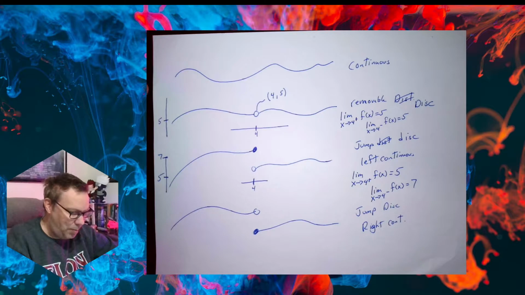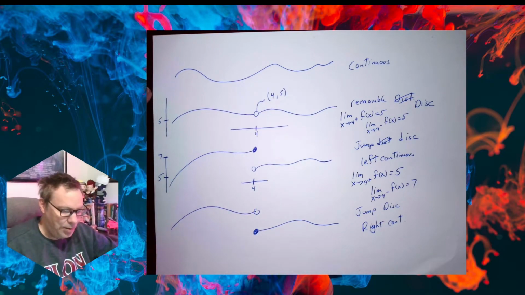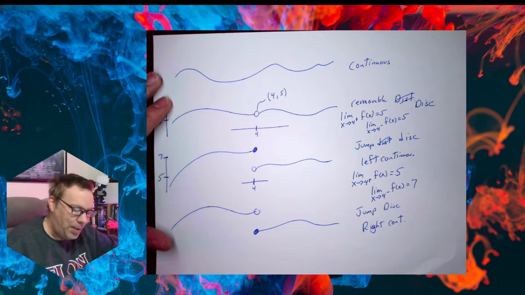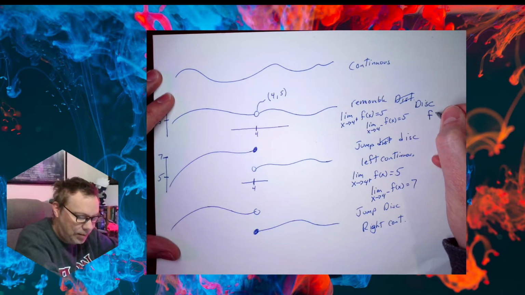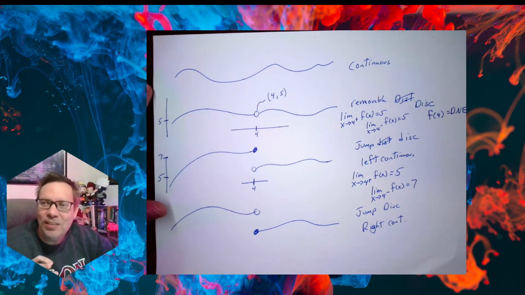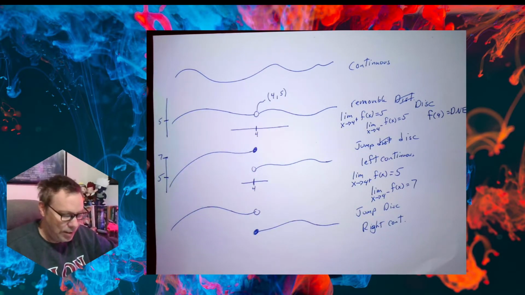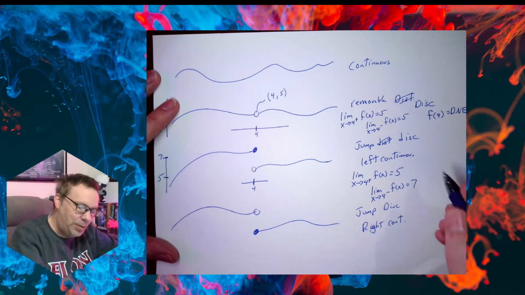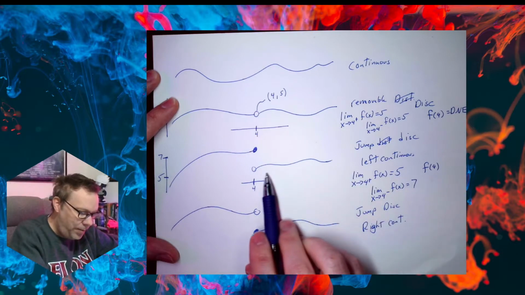In this particular problem, I'm going to get a very similar thing as on the left continuous one, but let me add something over here. For the removable discontinuity, f of 4 does not exist. There is no filled-in dot anywhere in this picture. But in the left continuous case, f of 4, where's the filled-in dot?